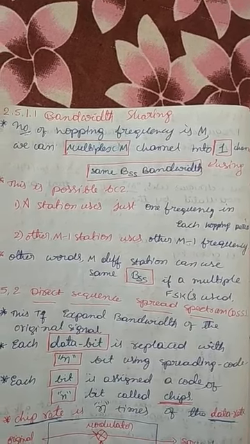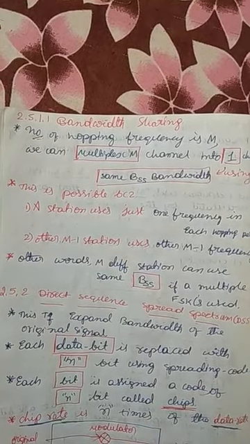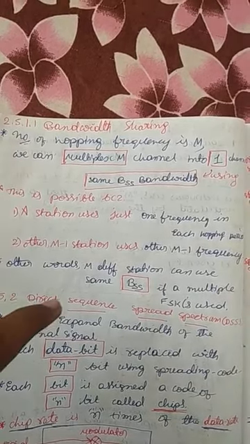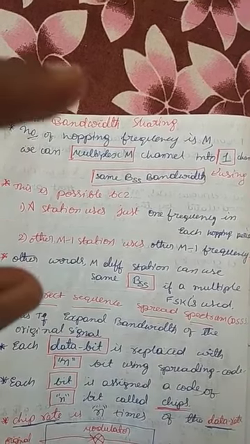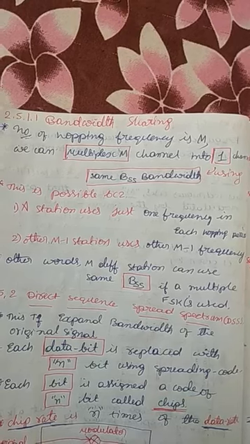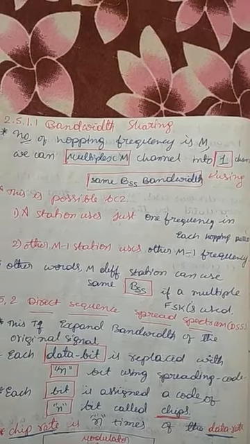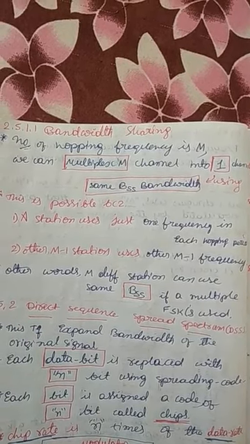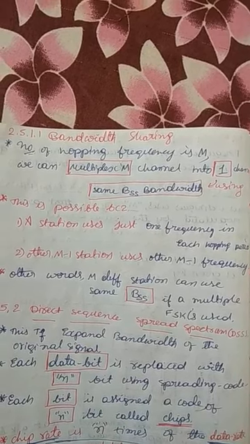That means if there are 10 channels, we can combine them to form one channel. That is the meaning of that statement. And how can we multiplex m channels into one channel? Using the same bandwidth of the spreading spectrum.